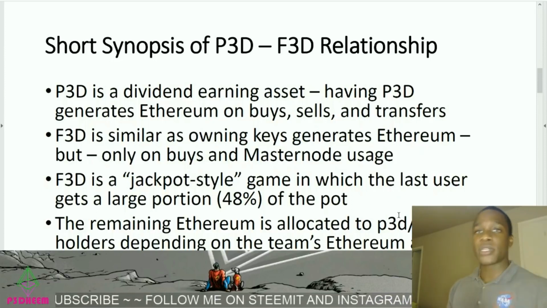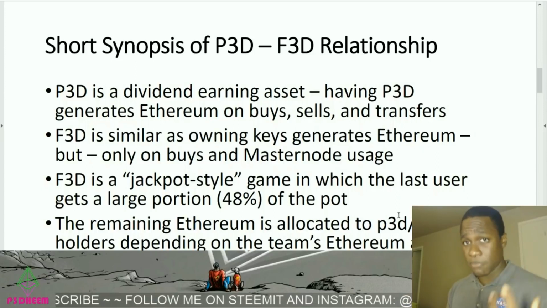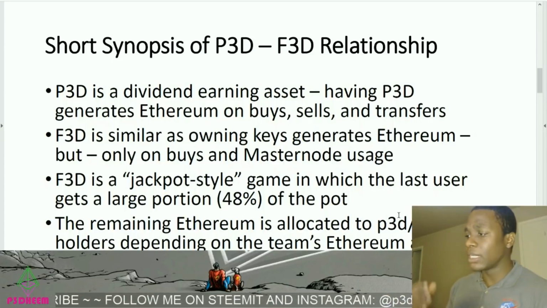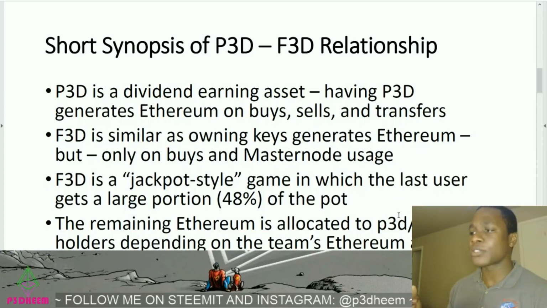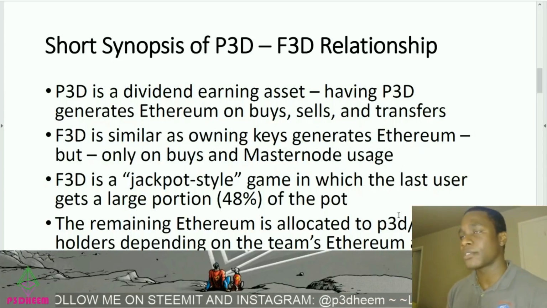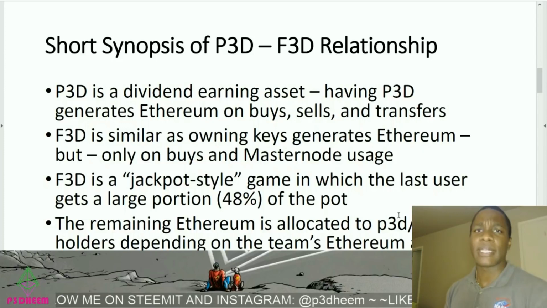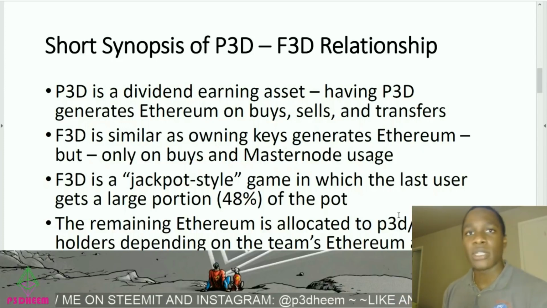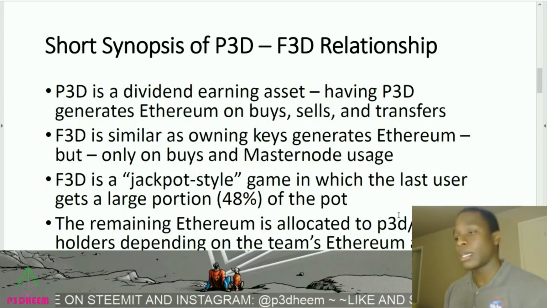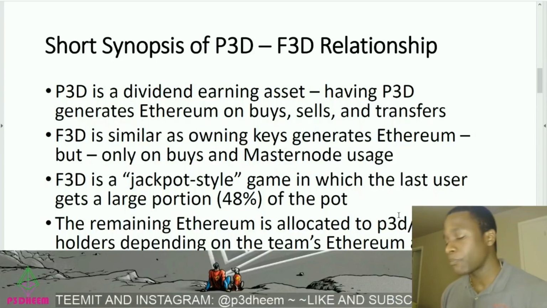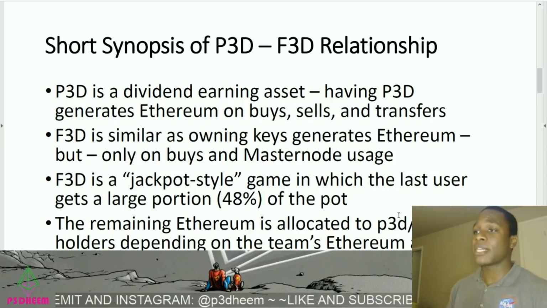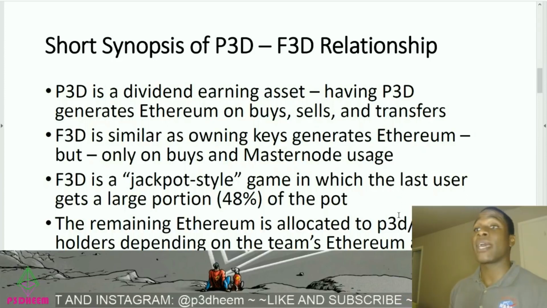Snakes give the majority of their Ethereum back to P3D holders, and I believe Wells give the large portion back to F3D, but I'll have to look at that one more time. Of course, you can look at the tooltips and they can guide you through that in case I'm saying anything erroneous.